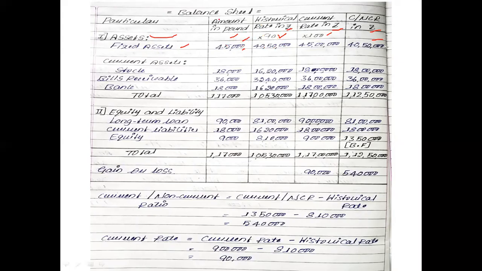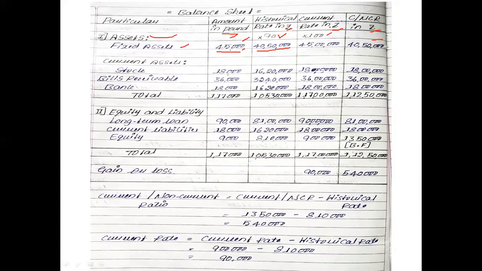Because in that case, the amount was given in rupees and we were going to convert into dollar. But in this balance sheet, the amount is given in pound and we are going to convert into rupees. So the 45,000 pound, converting to rupees, we multiply by the historical rate 90. 1 pound equals 90, multiplied by 45,000, we get 40,50,000 rupees.